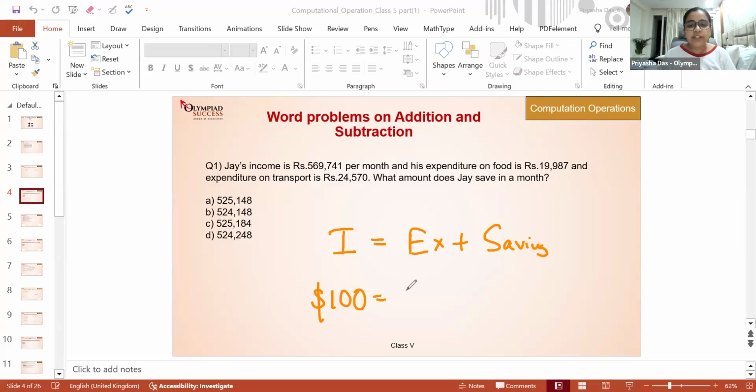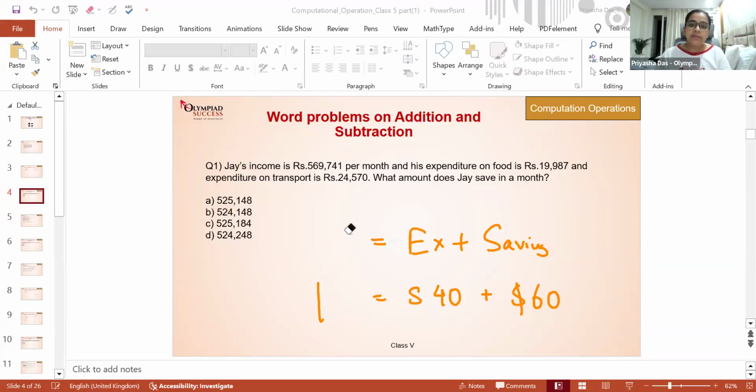You went there and purchased a few things worth $40. The money which is left in your pocket, which you have not spent yet, is called the savings, which is the remaining $60. So income is always the sum total of the money you spend, that is expenditure, and savings, which is the money left with you. With this concept, please do the question on your screen, which is a 6-digit sum and subtraction both.